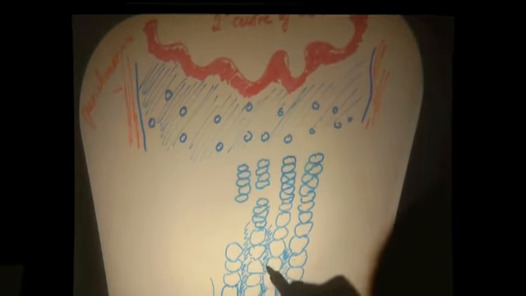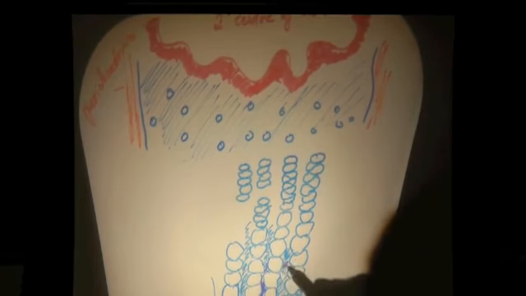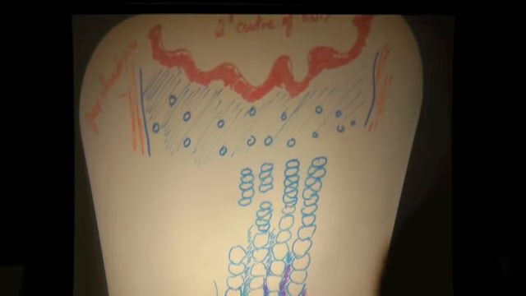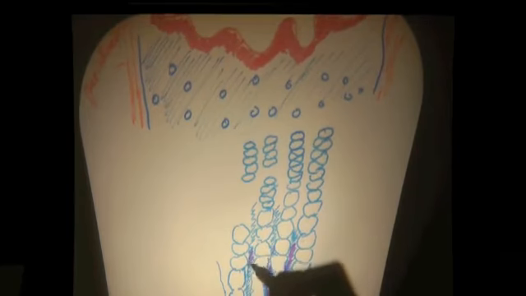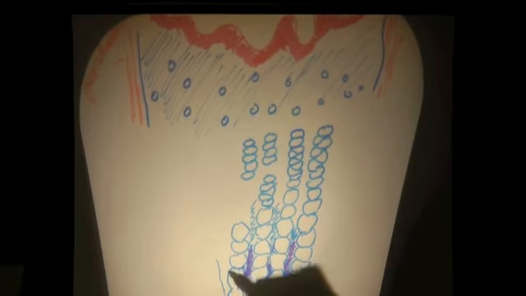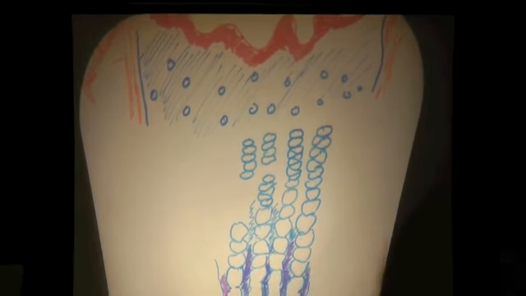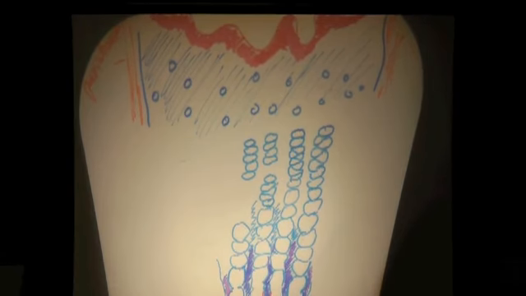Again, in this region, chances are this matrix will look a bit more purple, a little bit more calcified, because it is more calcified. And at some point you will notice that there's a little bit of bone matrix on the surface of this.